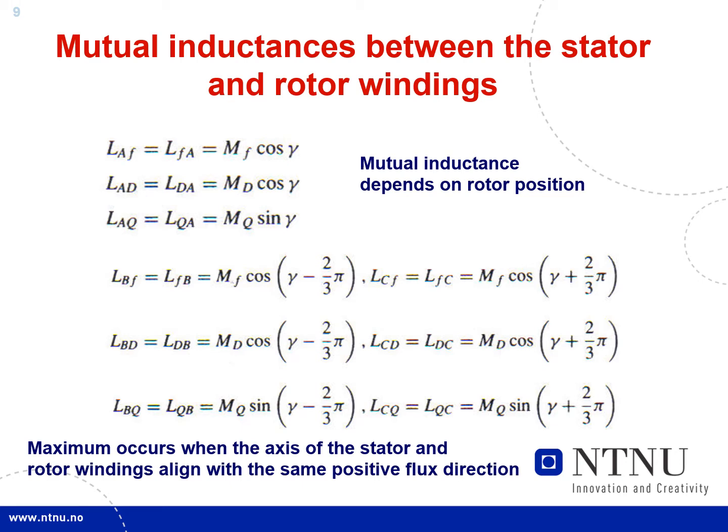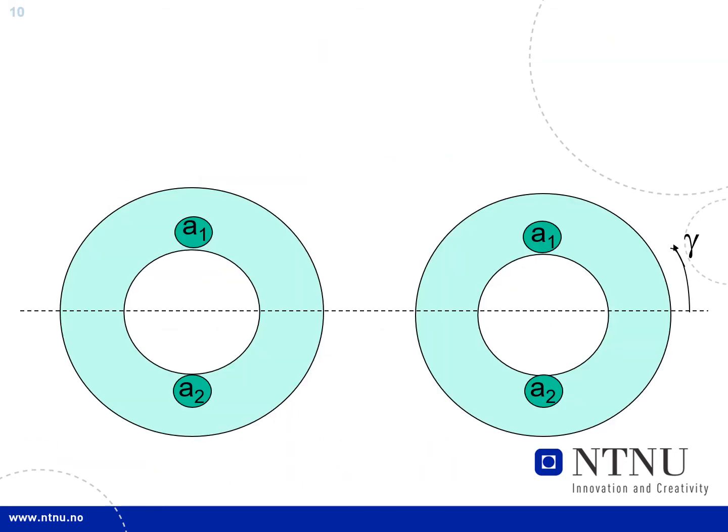And that also goes for all the other mutual inductances, but with differences in starting angle naturally. And as always, the maximum occurs when the axis of the stator and the rotor windings align with the same positive flux directions. And it can be illustrated in the same way, the same simple drawing as before.